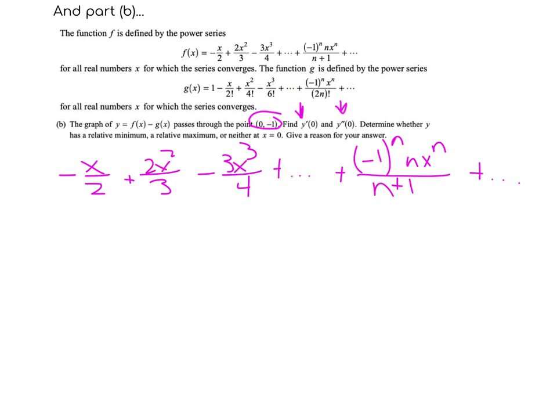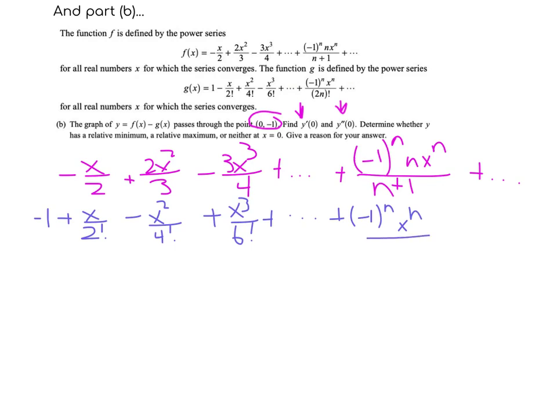We're subtracting. So minus 1 plus x over 2 factorial minus x squared over 4 factorial plus x cubed over 6 factorial plus, and the general term, and I'm doing more work than I need to, I guess, because I only care about the first part of it.